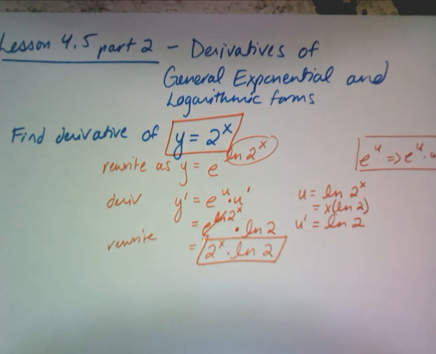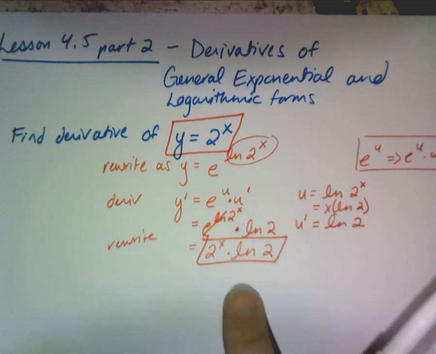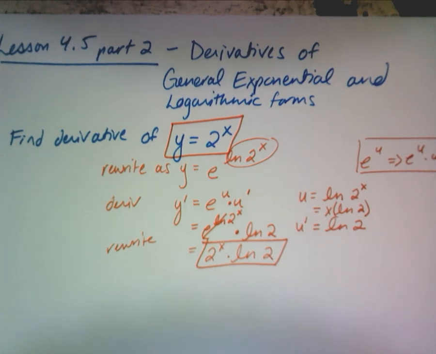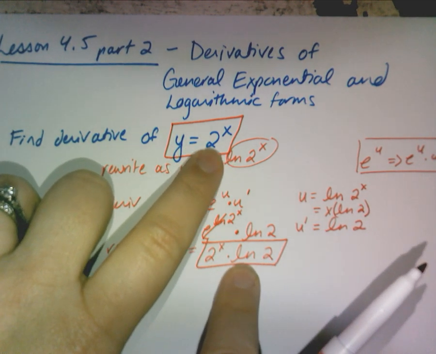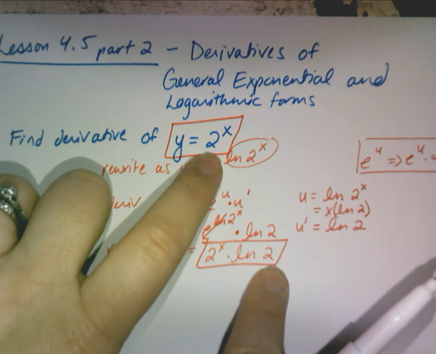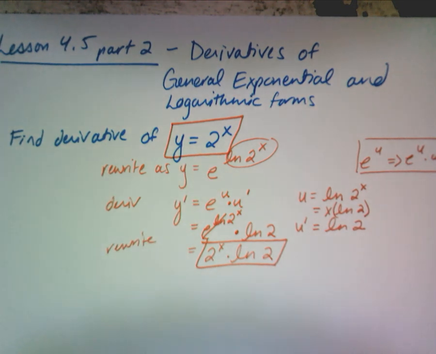What general rule could you give me for anything that looks like this? Didn't I write it again? And then I multiplied it by ln of the base. That's all you do every time.